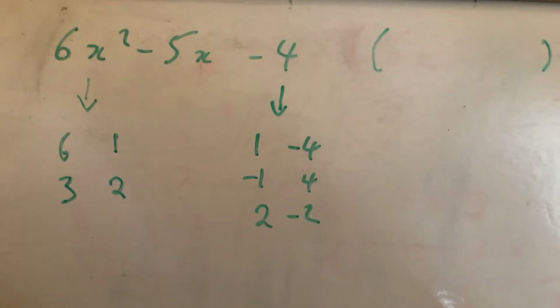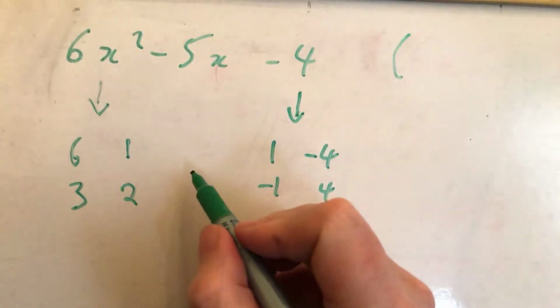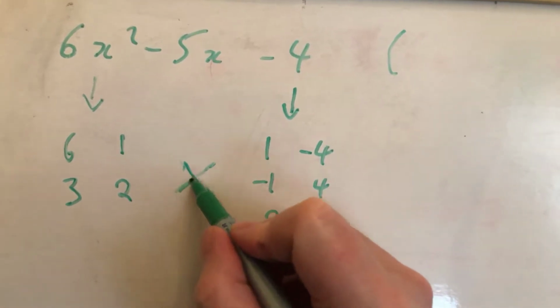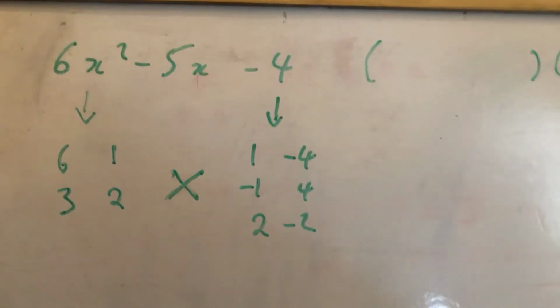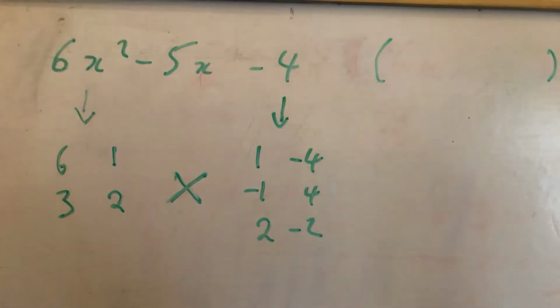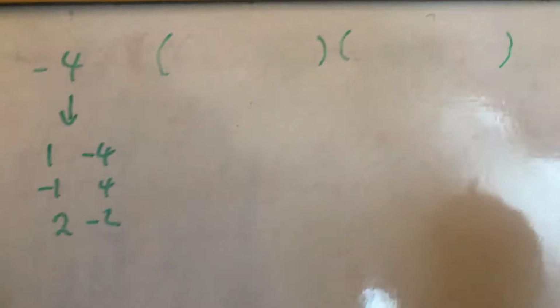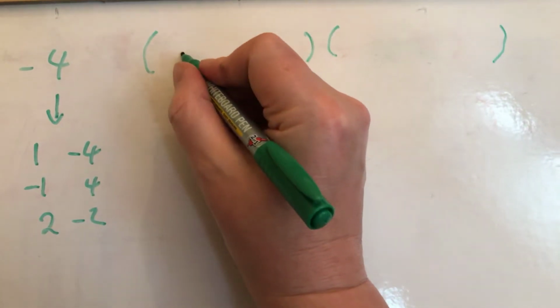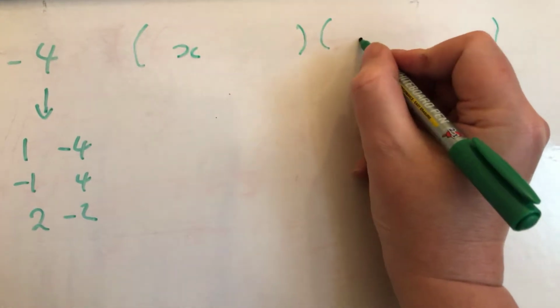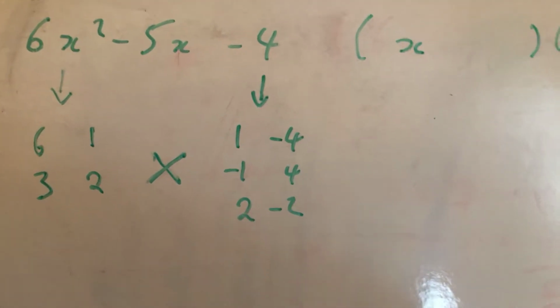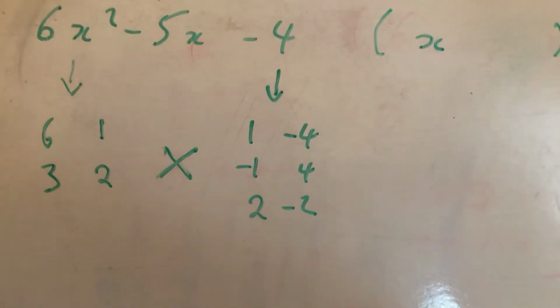Okay, so we need to pick out of these two collections of numbers the correct pair that will allow us to solve this equation. It's a bit tricky, so let's try and feel it through.